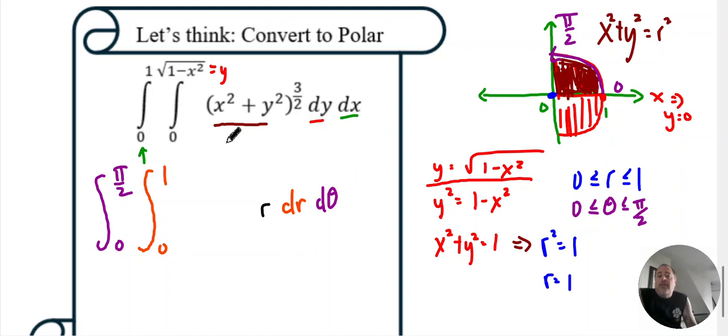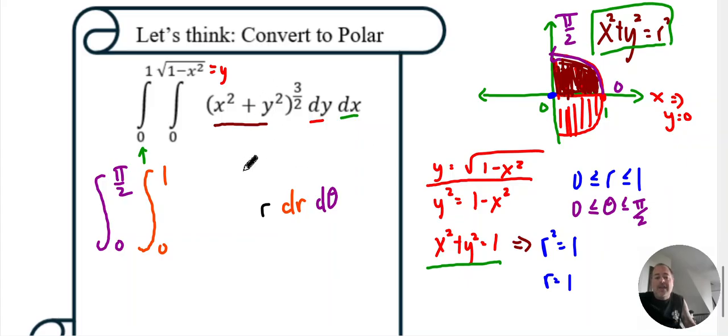The only thing left for us to do here is rewrite this in terms of polar. This is pretty awesome, friends, because we already know that x squared plus y squared is equal to r squared.